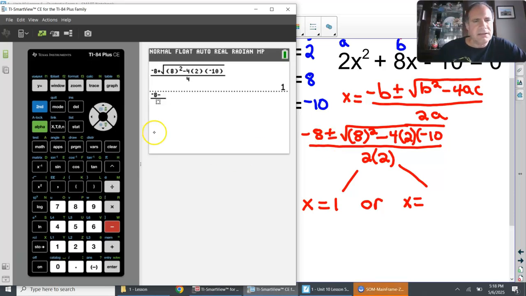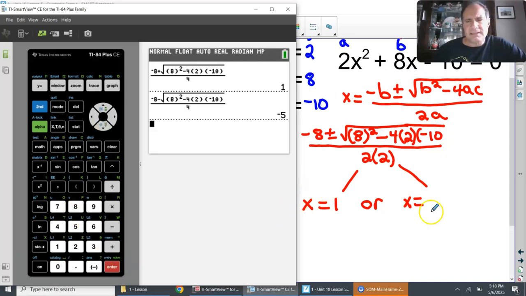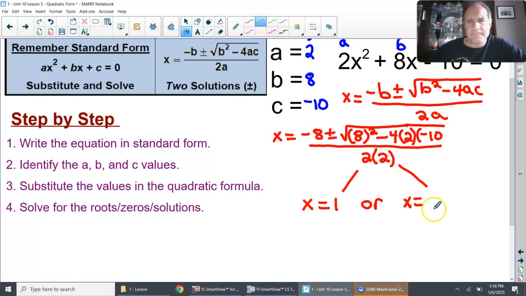That's this side. And then square root, in parentheses, 8 squared, minus 4, times the 2, open parenthesis, -10, and then all over 4. And that is -5. So this was pretty easy.